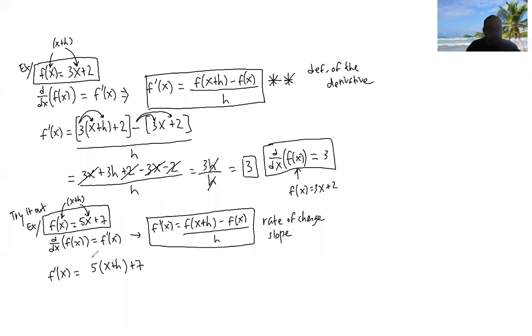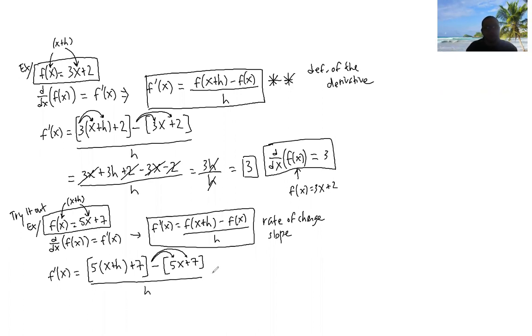This first term is f of x plus h, minus the original function, so minus 5x plus 7. Remember to draw the brackets so you don't forget to distribute your negative. All of this over h.